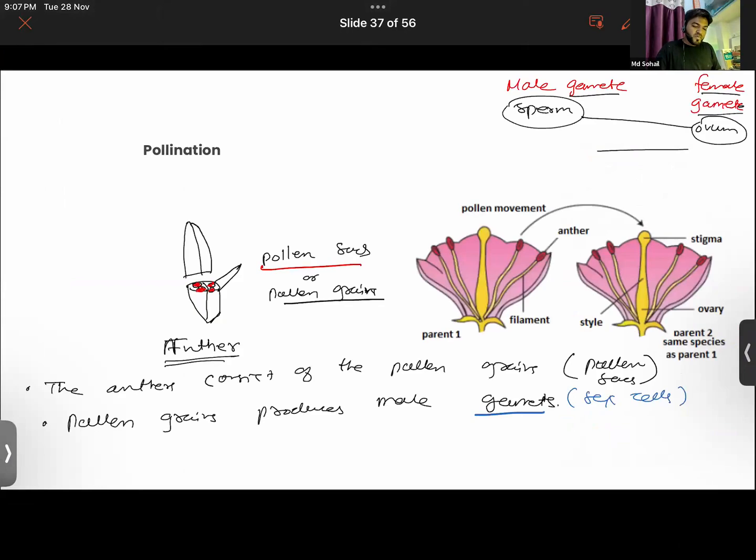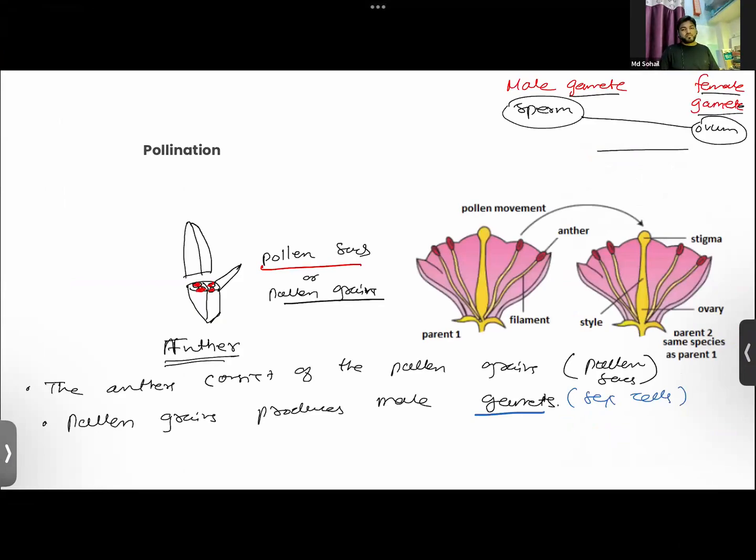Once the process of pollination happens, pollination being the transfer of pollen grains from the anther to the stigma, it could take place via different pollinating agents, with the help of bees, butterflies, birds, wind, or rainfall. These are the pollinating agents which help transfer pollen grains from the anther to the stigma. That is simply the principle of pollination.